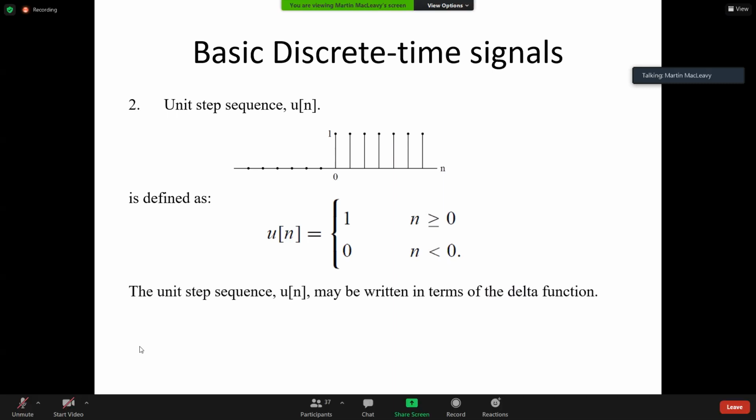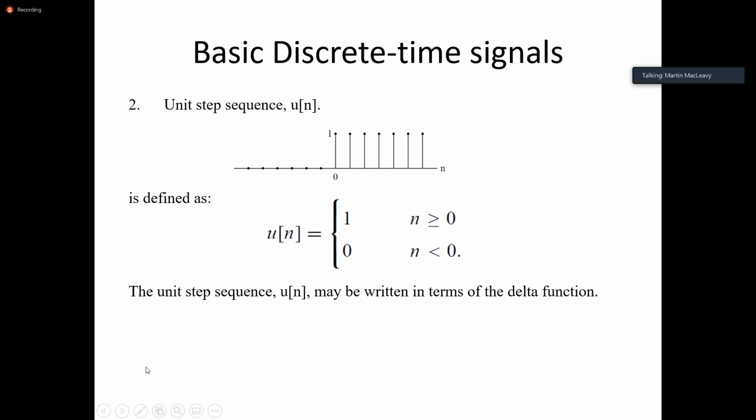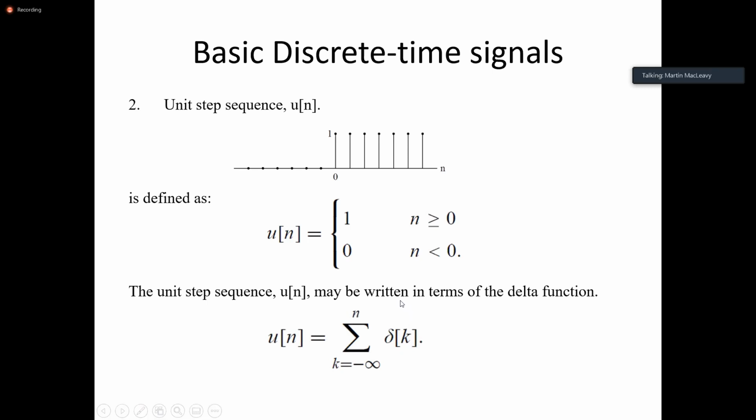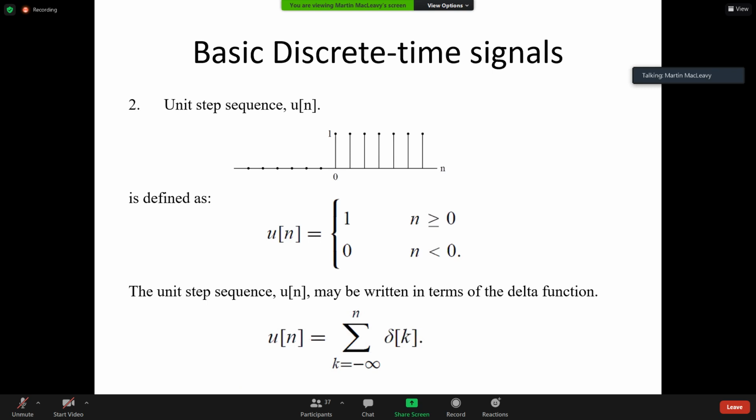Again, maybe written in terms of our delta function. Now, I realize that something is wrong with this expression. Before I correct it, I will tell you that something is wrong with it.